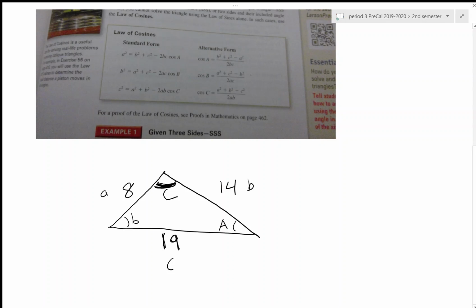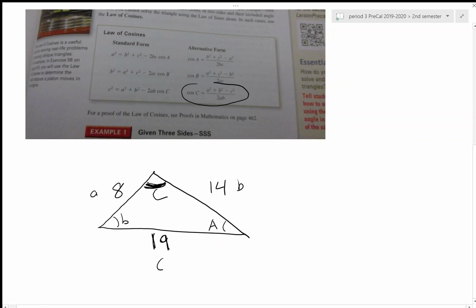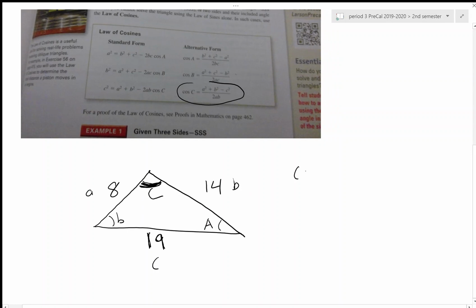So I'm going to use this one with these numbers. It's basically just plugging in. Cosine of C equals A squared, which is 8 squared, plus B squared, which is 14 squared, minus C squared, which in this case is 19 squared, over 2 times A, which is 8, times B, which is 14.